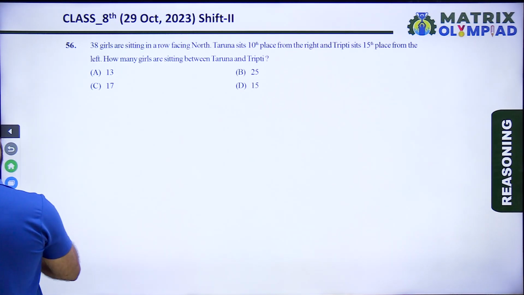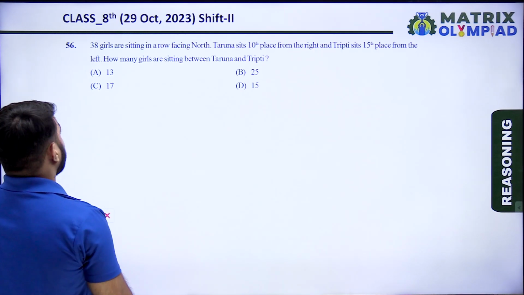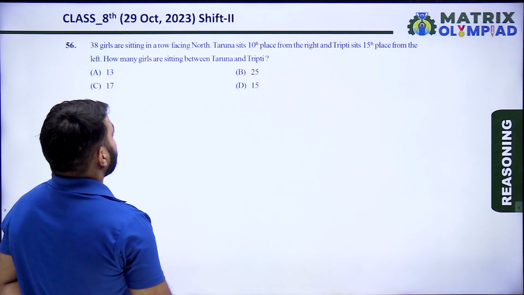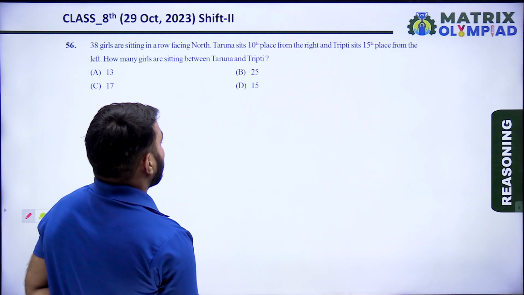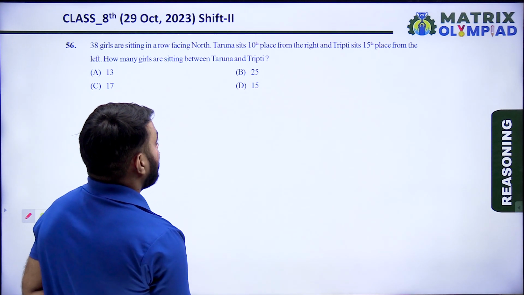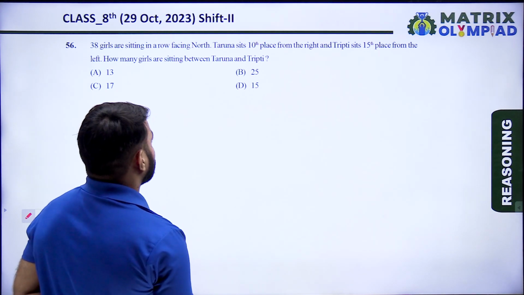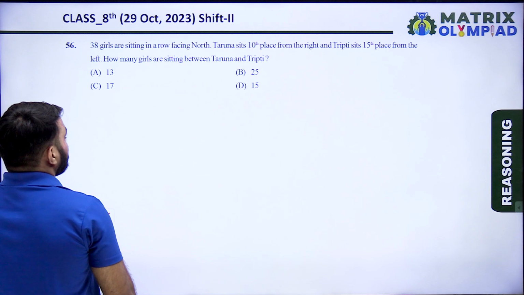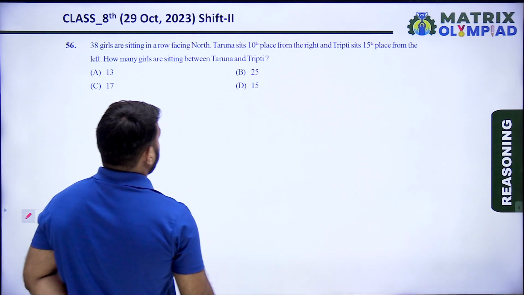So next question is question number 56. 38 girls are sitting in a row facing north. Taruna sits 10th place from the right end and Tripti sits 15th place from the left end. How many girls are sitting between Taruna and Tripti?